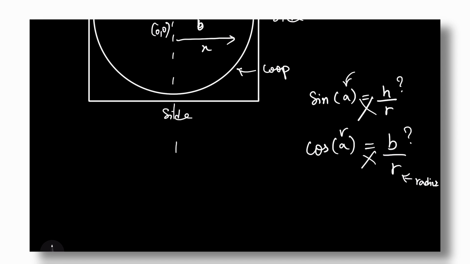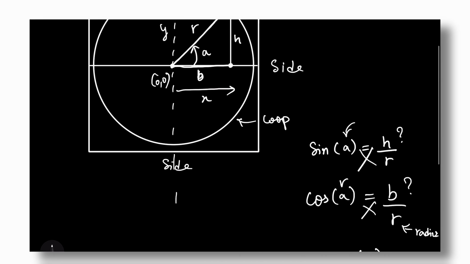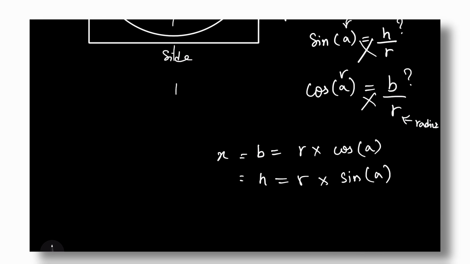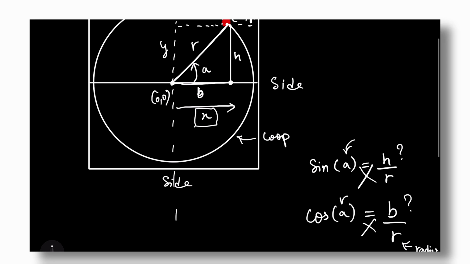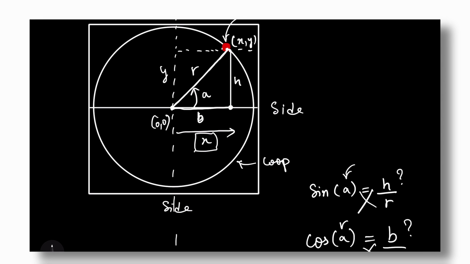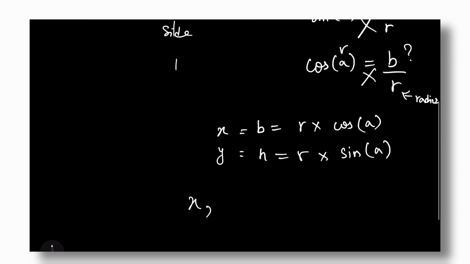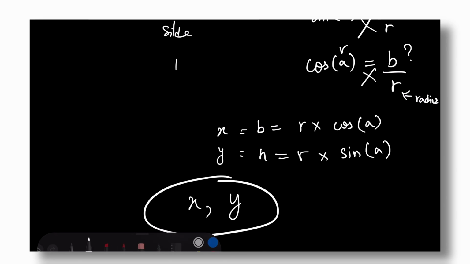So if we cross multiply, we get the base equals r multiplied by cos of angle A, and the height equals r multiplied by sine of A. Since the base is also the x-coordinate, we found the x-coordinate of our red circle on the circumference, and the y-coordinate, that is our height, by this. So we got both the x and y coordinates for our red circle.